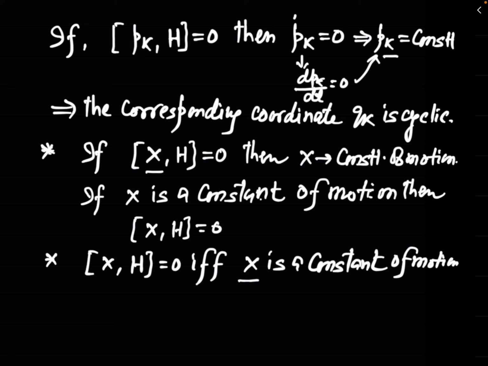And from this result you have seen that if x is a constant of motion, then definitely its Poisson bracket with Hamiltonian will vanish. And conversely, if the Poisson bracket of a function with Hamiltonian is 0, then that function must be a constant of motion.